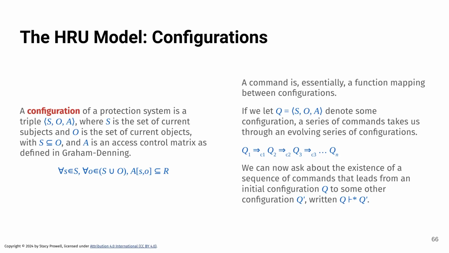So I now have turned this safety problem, this security problem, into a reachability problem. And that's good because oftentimes I can solve those. Okay, so we're going to talk about the existence of a sequence of commands leading from an initial configuration to some final configuration, and we'll write that like this, right? Q derives, after 0 or more steps, some Q prime.